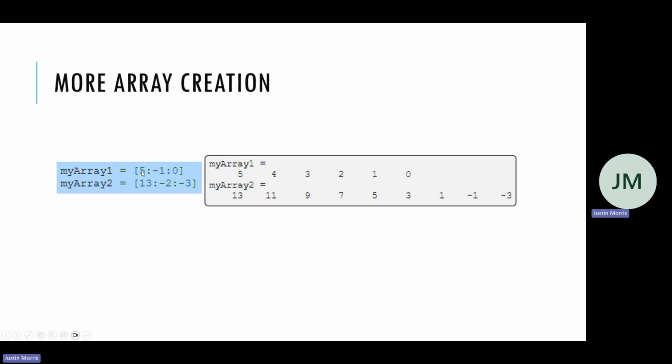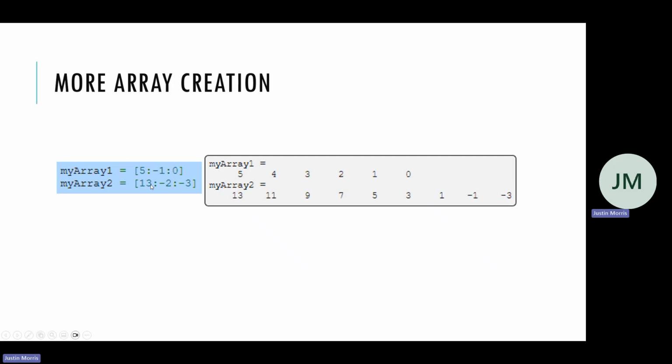So this is going from 5 down to 0, and it's iterating by 1 for each element. So I go and make 5, 4, 3, 2, 1, 0. So this can be useful in some situations. And if you don't remember this, you can always just create 0 through 5, one step, and then there's a function flip left right. Right.